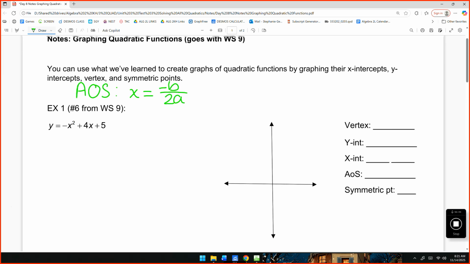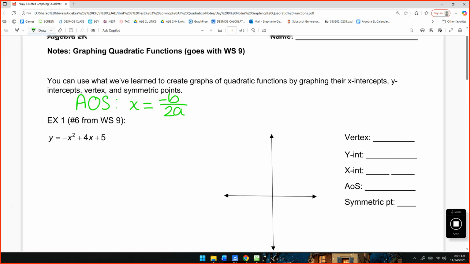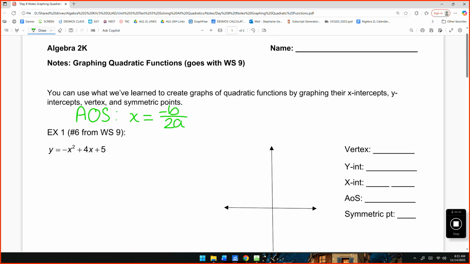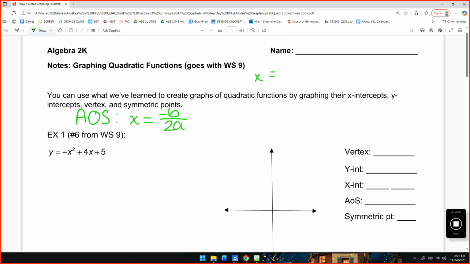Does that look familiar? Where have you seen that pop up? Yeah, in the quadratic formula. Real quick, just because this is interesting, you don't have to write this down, but this is the quadratic formula, right? Now look, the axis of symmetry is this.